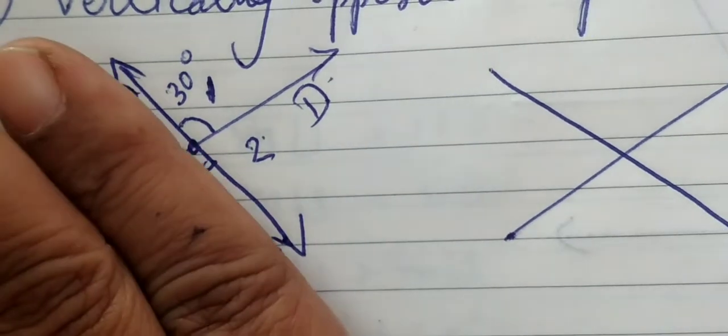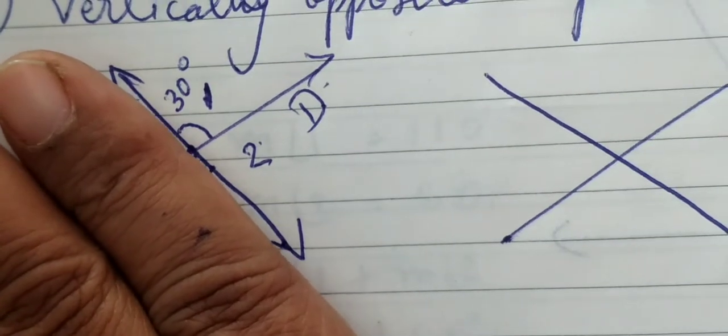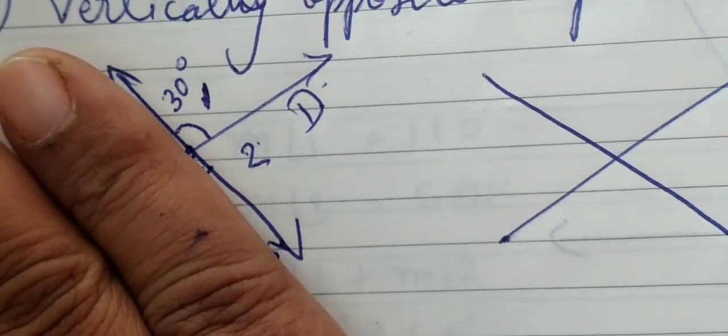I am just covering up the lower part. Now what type of pair do they form?